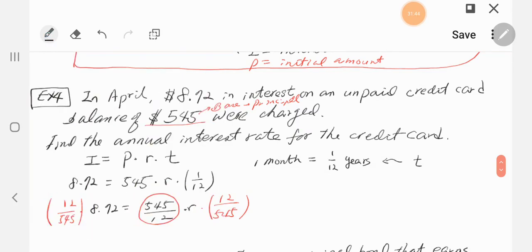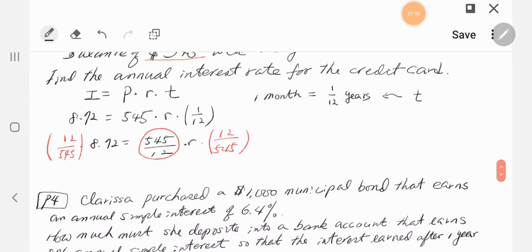This will give you, okay, use a calculator, 12 over 545. What is this value?